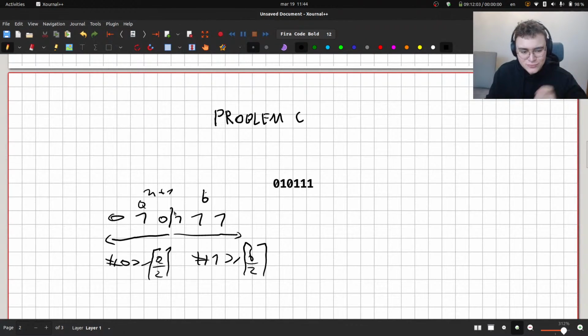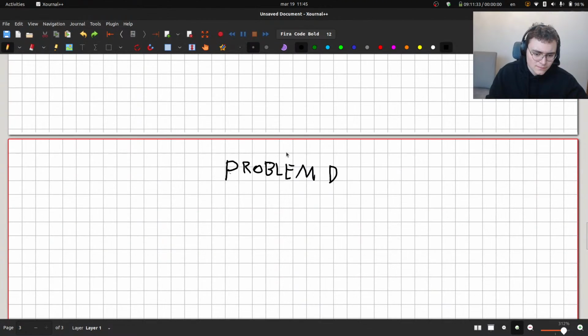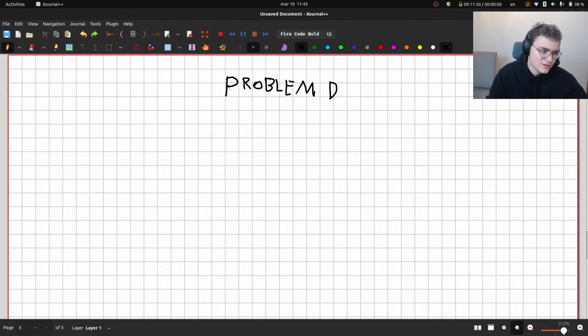Basically, the idea is to just brute force all the possible division points, because we have only n plus 1 of them. And for each point we are checking if the conditions are satisfied, and to check the number of ones right of it and the number of zeros left of it, we will use prefix and suffix sums, right? I hope now you understand it. The idea is just brute forcing.